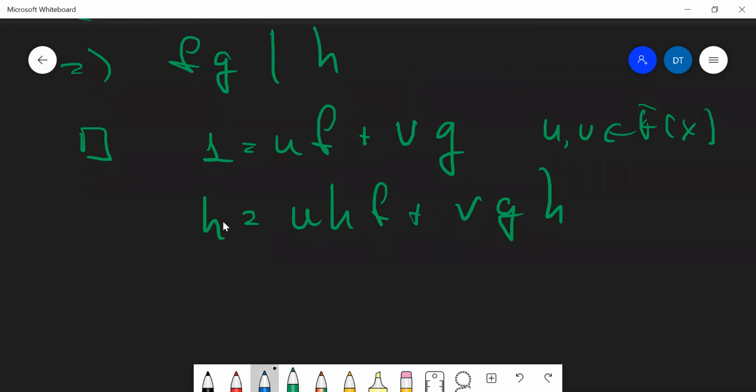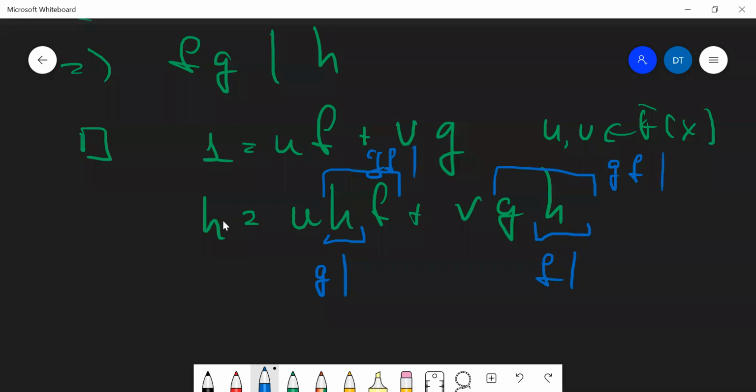Now you know that h is divisible by g, so the whole product here is divisible by gf. Here you know that h is divisible by f, so the whole product here is divisible by gf. So now we see that the sum is divisible by gf, and that's it.